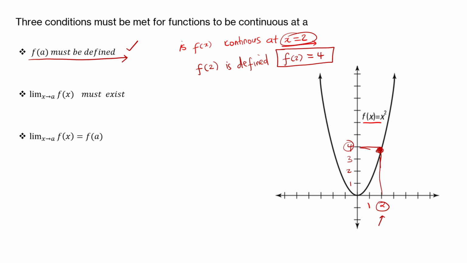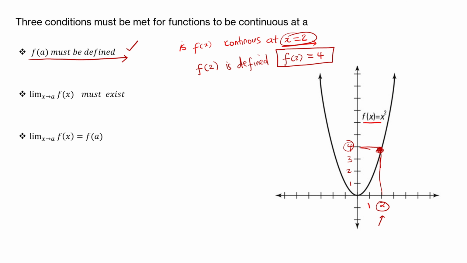What about the second condition? The limit of f of x as x approaches a must exist. This means that as you approach the value that you are evaluating continuity at, the limit must exist. I've covered this in my previous videos: for the limit of a function to exist, the right-handed limit and the left-handed limit must be equal.